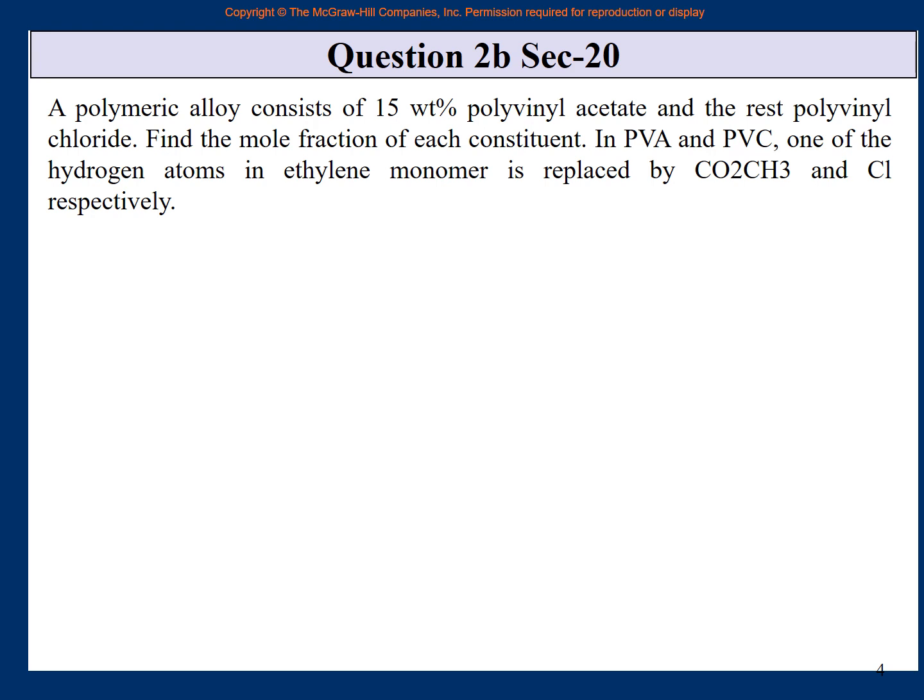So if you know polyethylene, that is it. It's a very simple thing. In PVA, remove one hydrogen and replace it by CO2CH3. And in PVC, remove one hydrogen and replace it by Cl. You have done very similar problems as example problems.